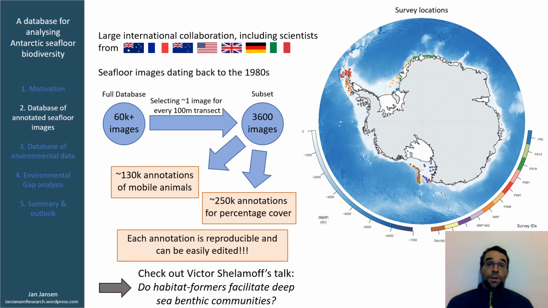And that means if someone, for example, wanted to look at all the pencil urchins that we've annotated, they can just look at a folder which has all the annotations, has all the references to the images where these annotations were made, and if they have the expertise, they could then identify these pencil urchins into species or whichever group they want to. I can only recommend looking at Victor Shalamov's talk, in which he details a lot of the annotation and building the database for the biological data.